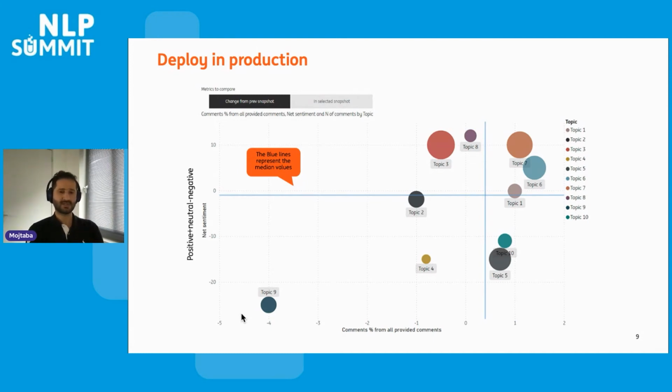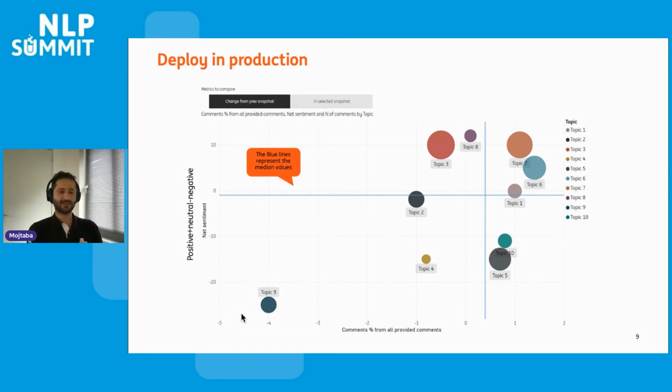That's a good visual for our stakeholders to compare the current month and last month, and they can even compare different parts of the organization. You can compare, for instance, marketing and HR, to see how these topics are changing from the sentiment perspective.